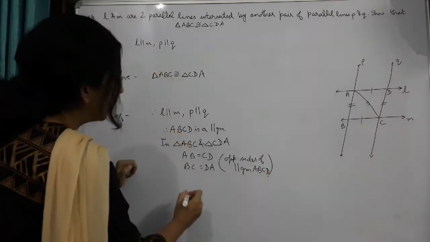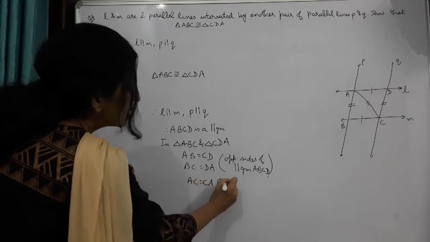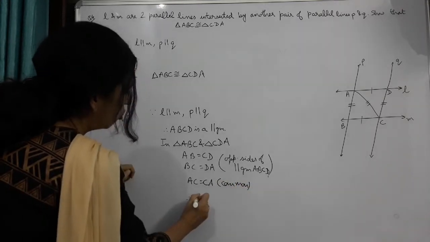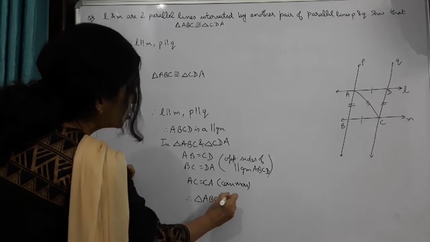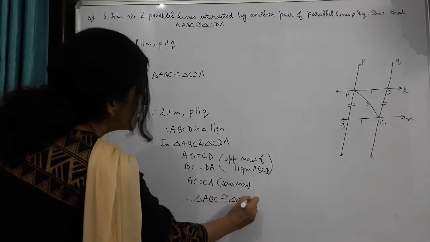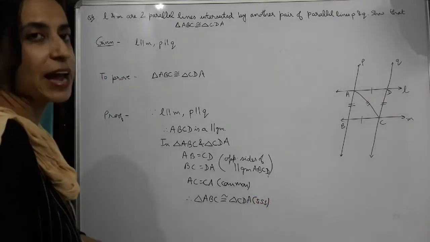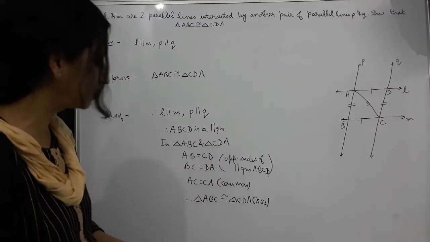And we have AC is equal to CA because it is the common side. So therefore we can say that triangle ABC is congruent to triangle CDA by SSS criteria of congruence, and this is what we have to prove.